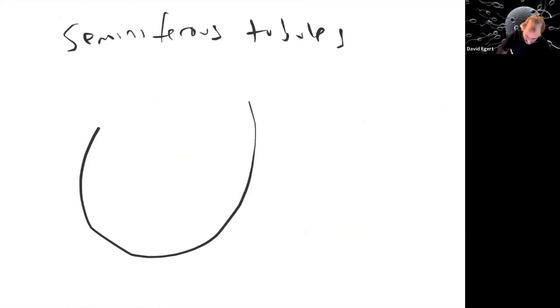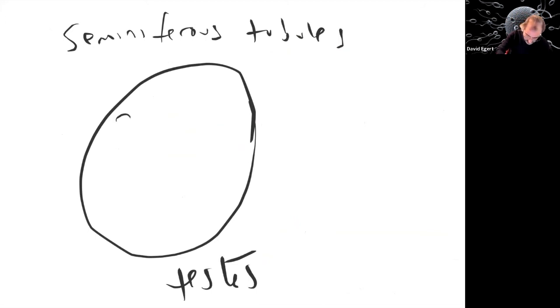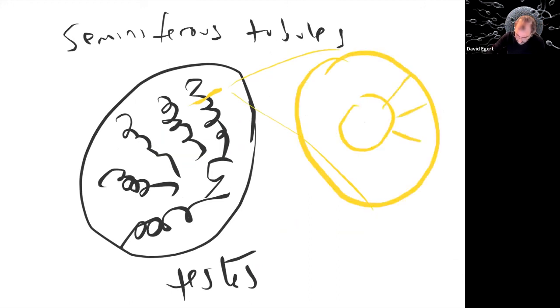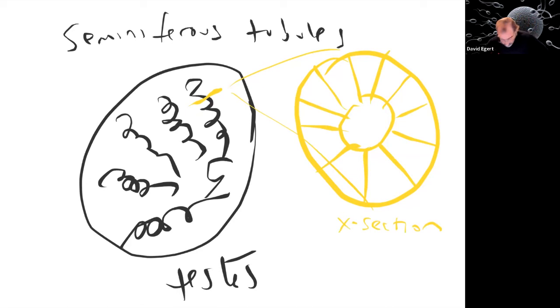Let me start on another page. Right, so I said if this was a testes, you just have all these little tubules in there. And then if we do a cross section of one of those tubes, basically it's made up of these special cells.